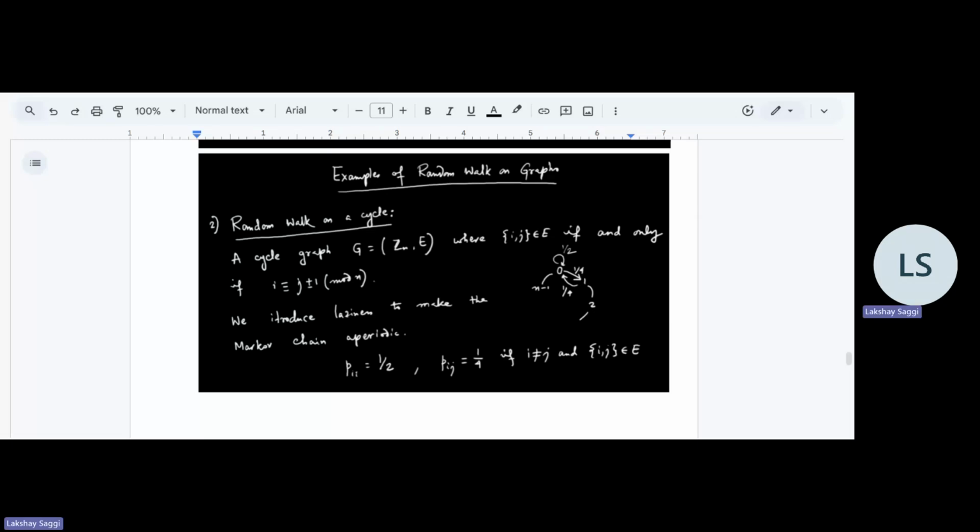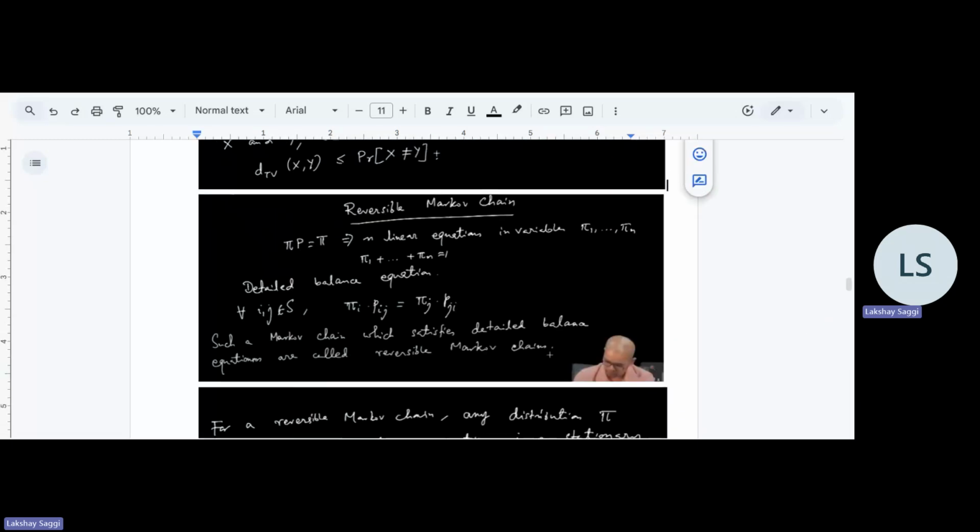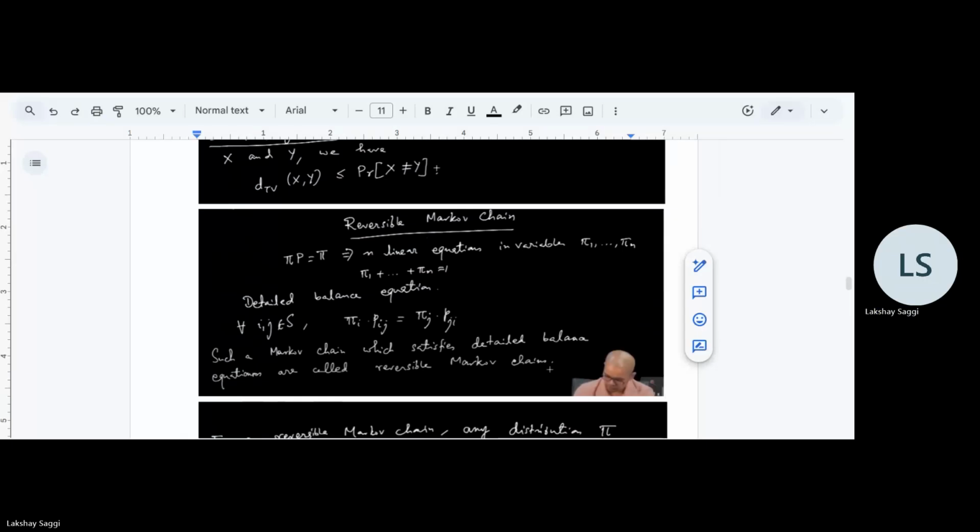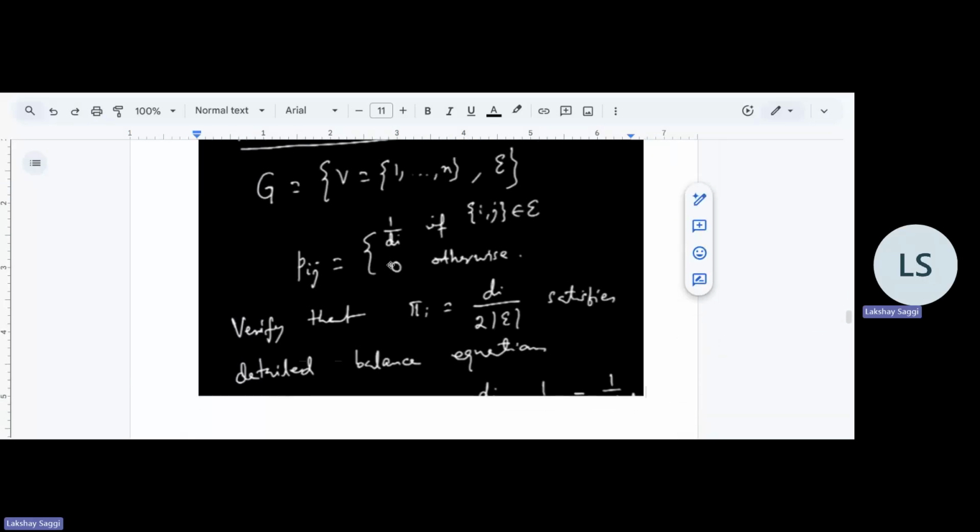Now, note that a cycle is actually periodic. Suppose we take the distribution which we defined in the random walks on graphs, where we define the transition probabilities as 1 over d_i.